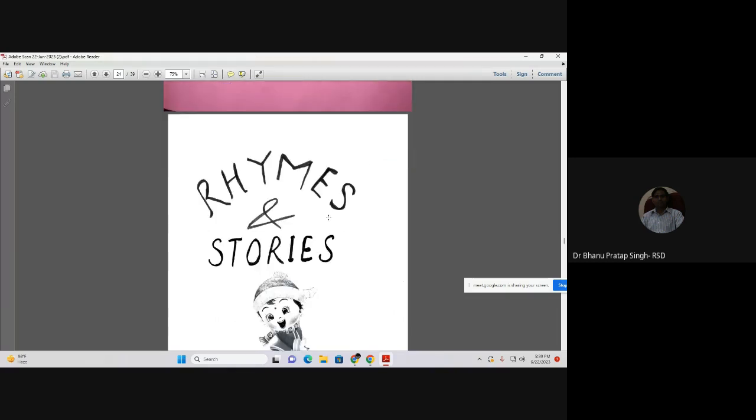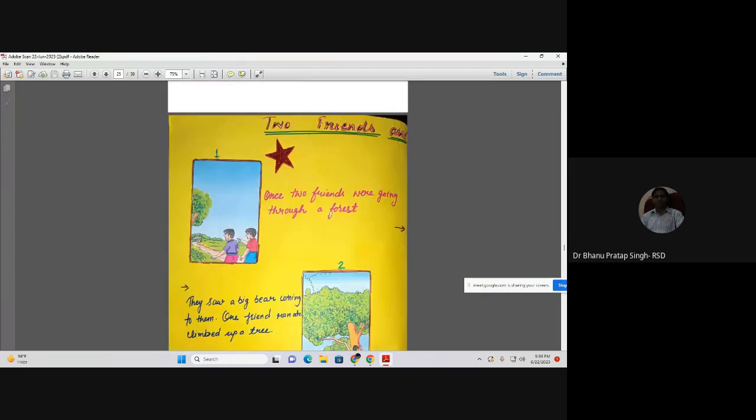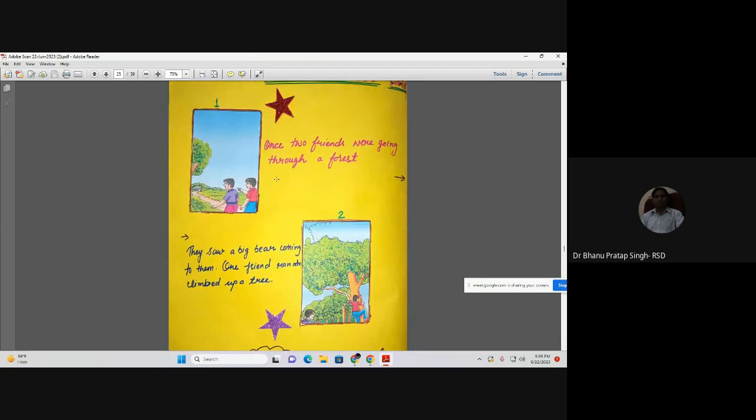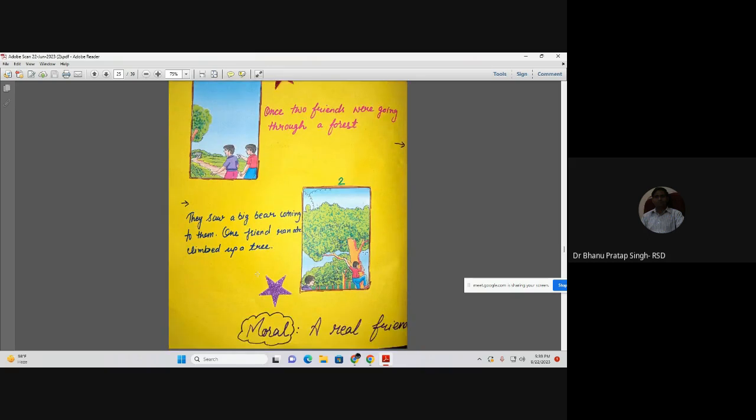The second one is the rhymes and stories book. Some pictures are taken by the student teacher, or she should have taken the photograph and cut it on this yellow paper. And this is the title: Two Friends and a Bear. From this picture, it is clear there are two friends, and one is climbing the tree.